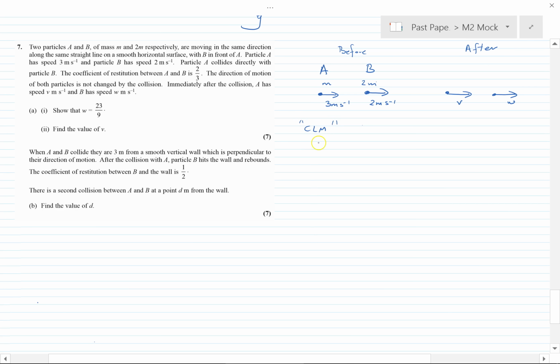So we have 3 times m plus 2m times 2, that's for the momentum before, is equal to momentum after, so that's mv plus 2mw.